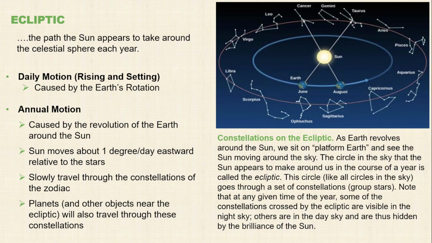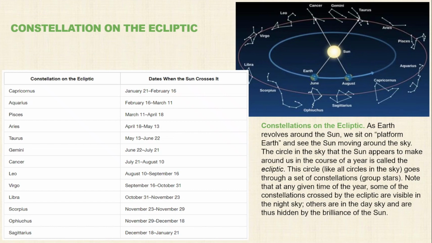So again, here, same diagram. Here is a chart. So between January 21 and February 16, Capricorn. So here is Capricorn. So the Earth would be behind it here.